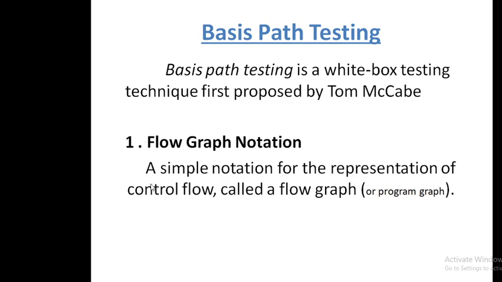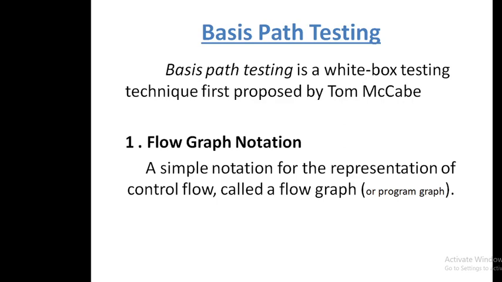The flow graph contains simple notations for the representation of control flow, called a flow graph or program graph. For example, if you take a program containing 10 lines of statements, for path testing we convert it into a flow graph, which we can also call a program graph.